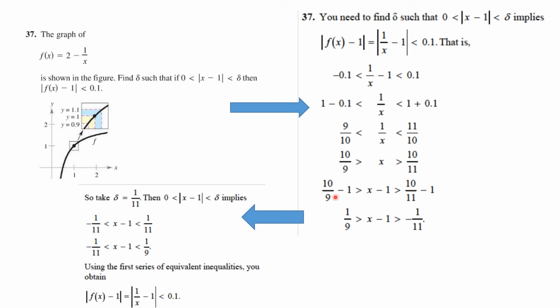And now I subtract 1, and I find that x minus 1 has to be between minus 1 over 11 and 1 over 9. So we have to take the smaller of the two because both must work. So we take delta equal 1 over 11. Then whenever this is true, this will be true. And you work your way all the way back up the identity, and you will see that this is true.